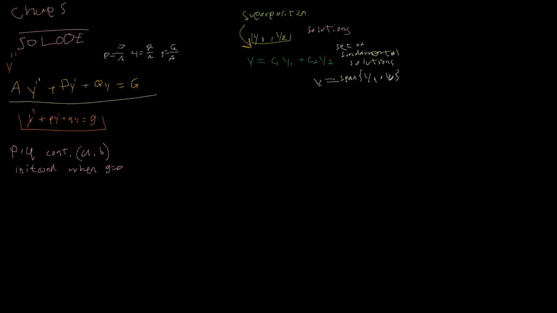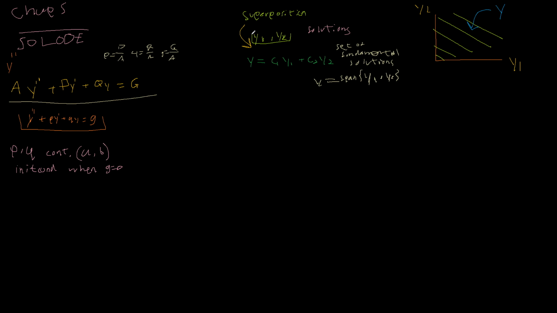If you were to think of this as a vector space of all of our y's, of all of our functions, then the span of these, this is y1, this is y2, y is going to be somewhere in here.